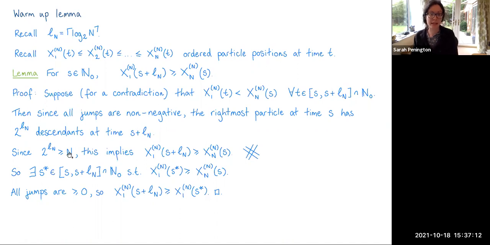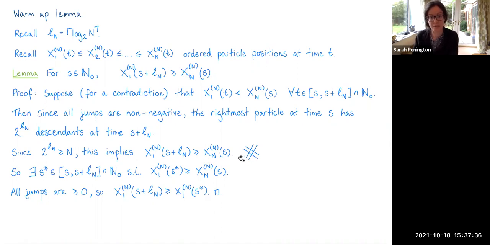So that means that actually all of the particles in the population are descended from the rightmost particle at time s. And because all of the jumps are non-negative, the leftmost particle in the population at time s plus ln must be at position at least xnn of s, because it's descended from a particle at this position.